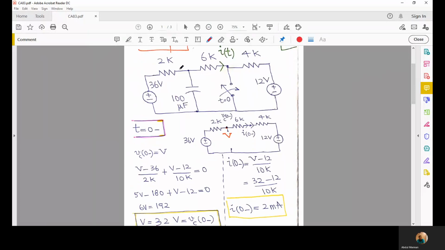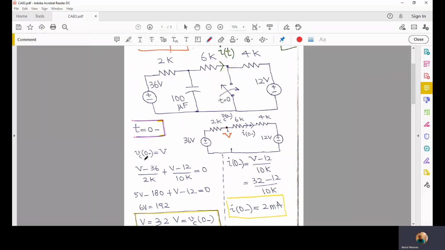Right. So in this circuit we have these two sources, and this source has a larger magnitude and the direction of current would be like this from 36 to 12 volts, and this 100 microfarad capacitor would have been charged at a voltage and there will be no current flowing through this capacitor.